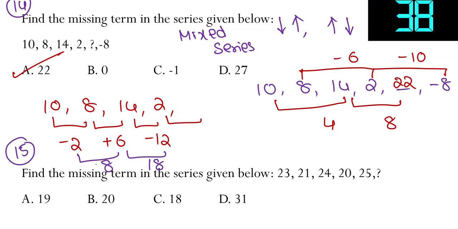Minus 2 to 6 is 8 increased. 6 to 12 is 18 decreased. Then 28 should increase. Again, okay, plus 16, it will be lengthy. So better way, go with alternate series like this, 8, 2, minus 8.